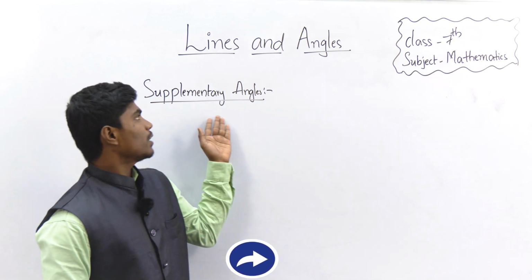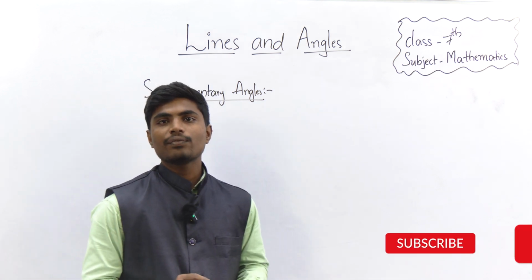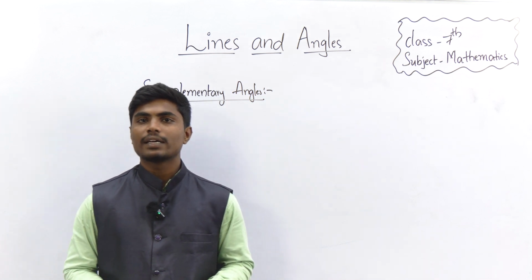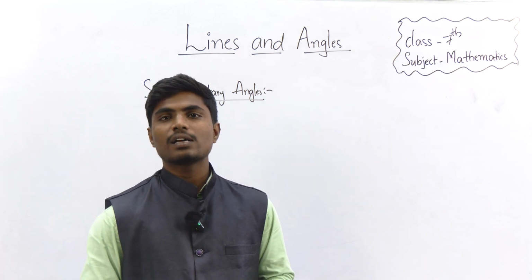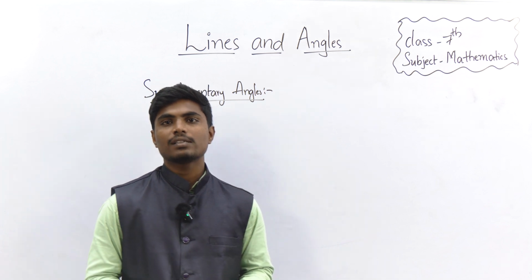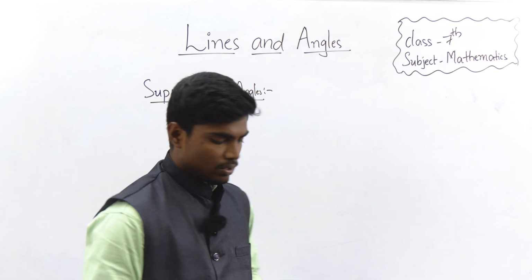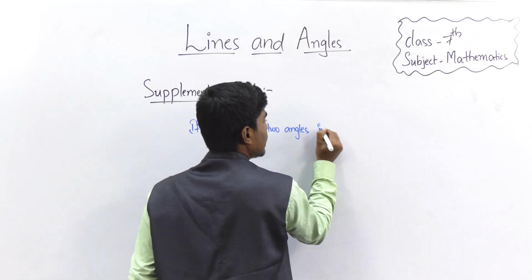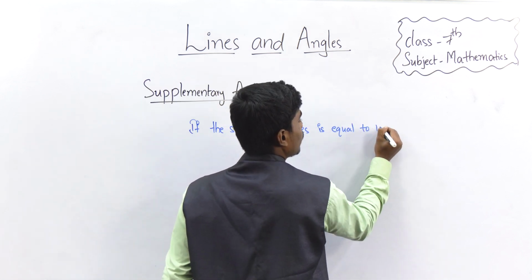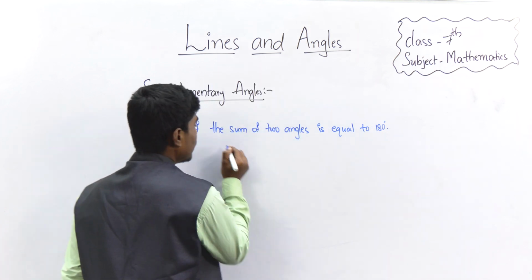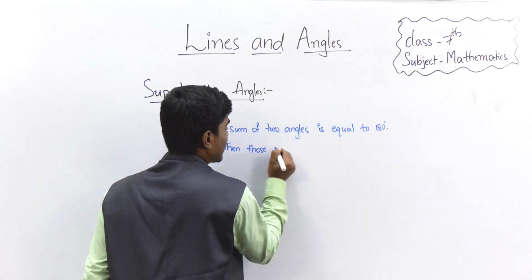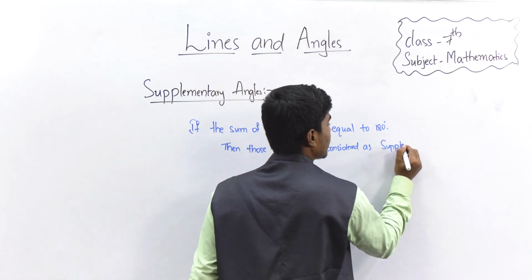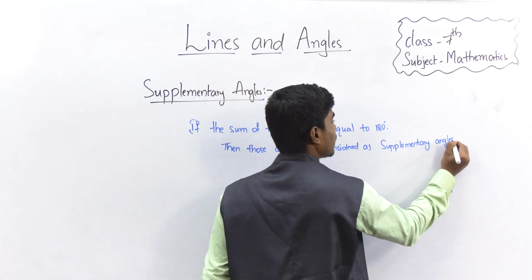What are supplementary angles? If the sum of two angles is equal to 180 degrees, then those angles are considered supplementary angles.